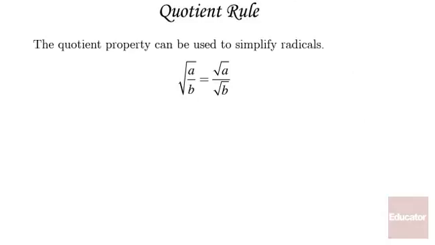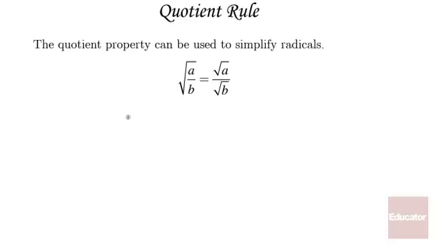Okay, a second rule that we're going to use to simplify radicals is the quotient rule. The quotient rule tells us that the square root of a divided by b is equal to the square root of a divided by the square root of b.